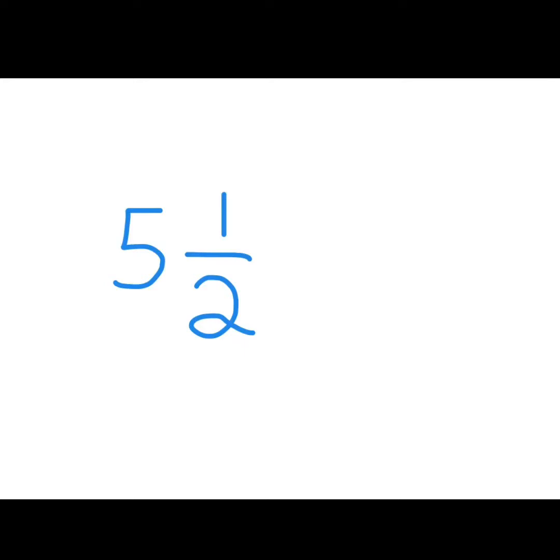In order to write this as an improper fraction, we multiply the denominator by the whole number, which means we have 5 whole items that are cut in half. Then we also need to add the numerator at the top, because that represents the piece that was colored in out of the half.